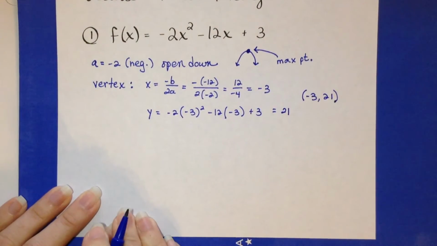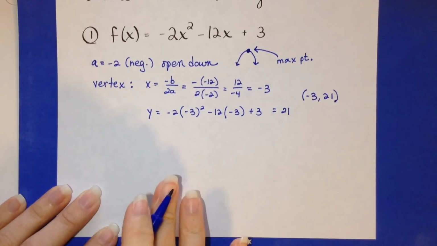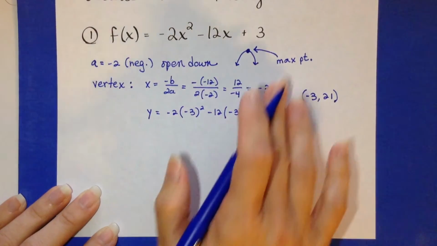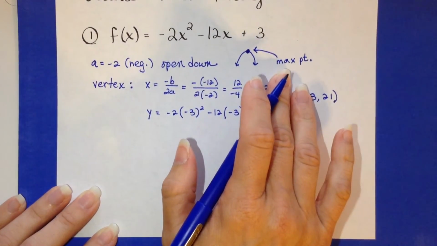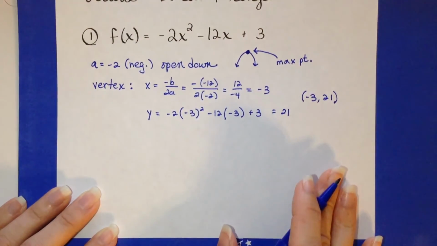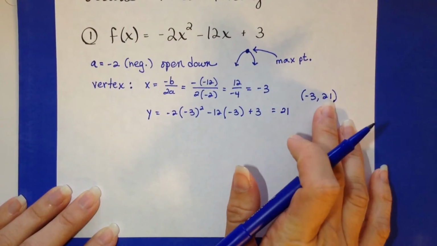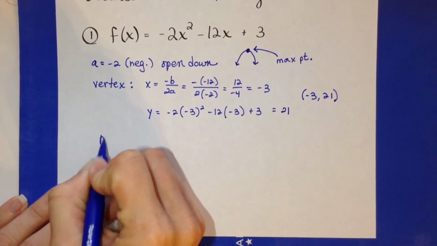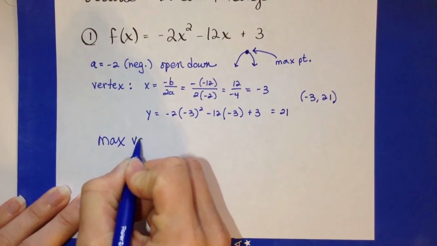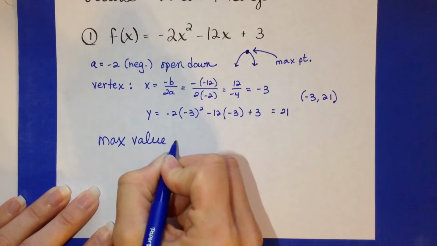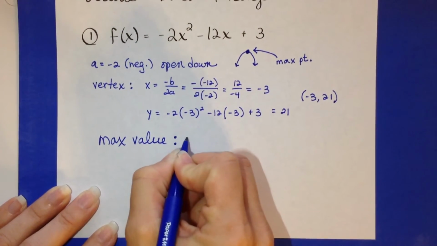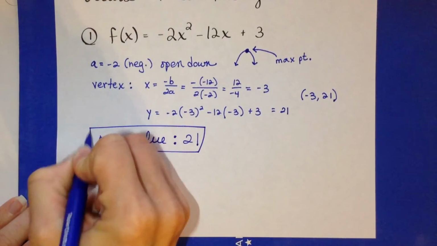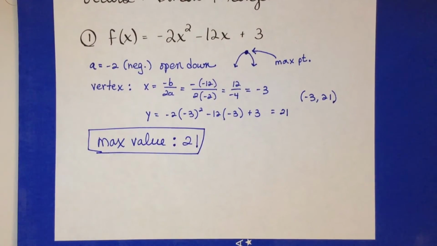Okay, but again, going back to the question that's asked, first of all, is it a max or a min value? So we've already determined it would have to be a max value, but the value itself, remember, is just the y coordinate, the 21. So we have a max value, and that max value is 21. Okay, so this is one thing that we were asked to identify.